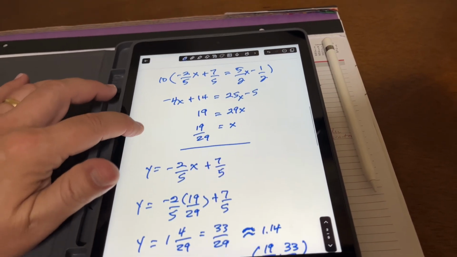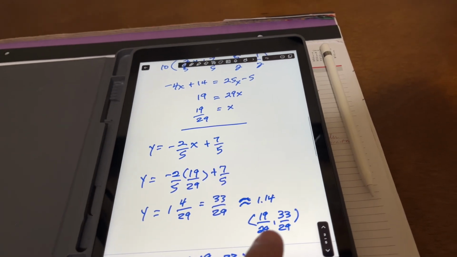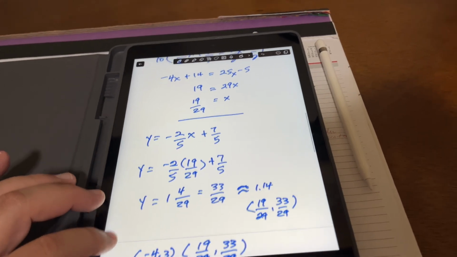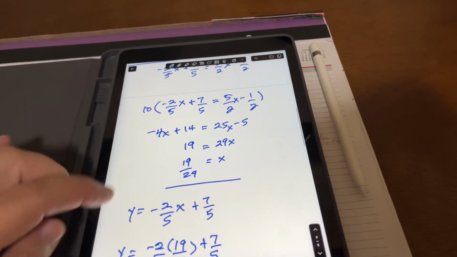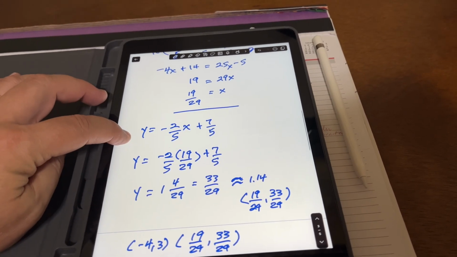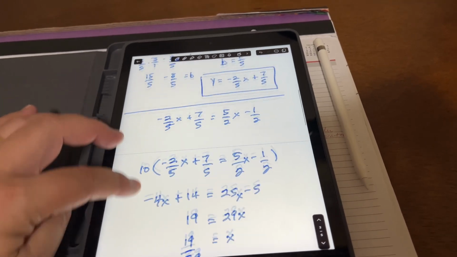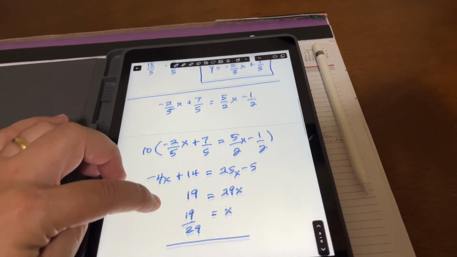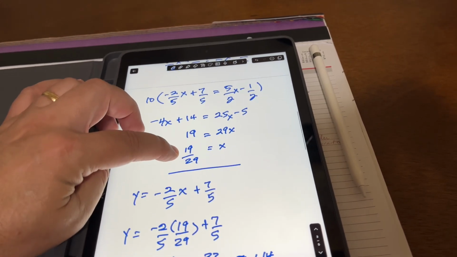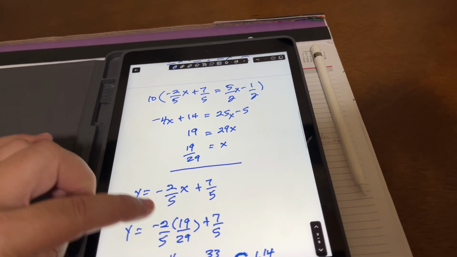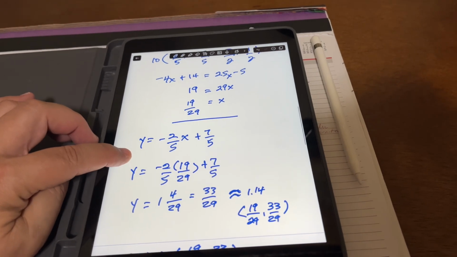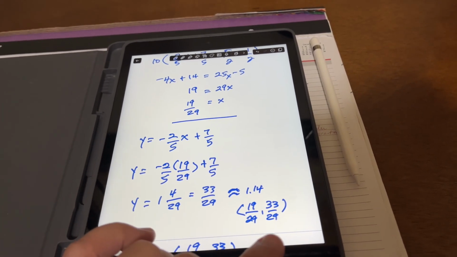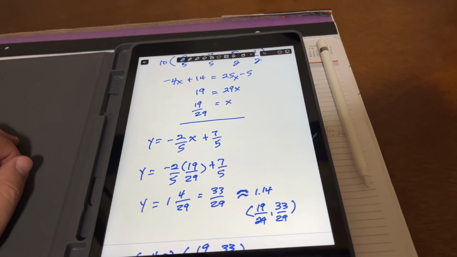And then finding the x and y value for that point. This procedure gives you the x value, but then you have to turn around and take that and put it back into one of the equations. It doesn't really matter which one, but one of the equations, and that will give you the y value.